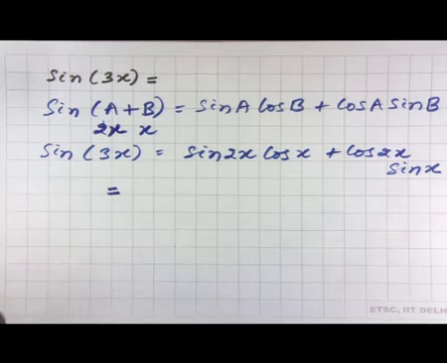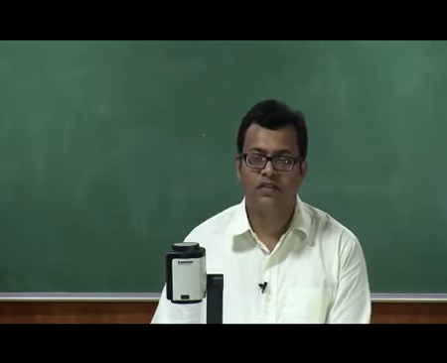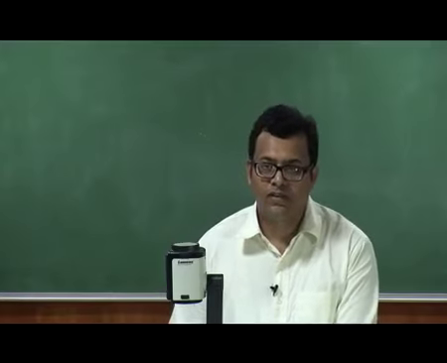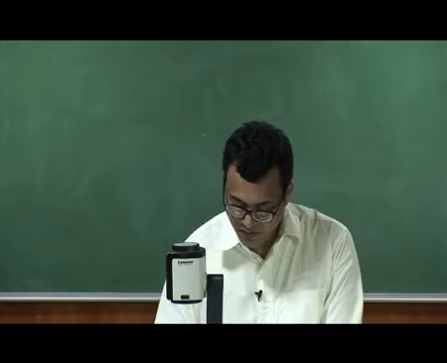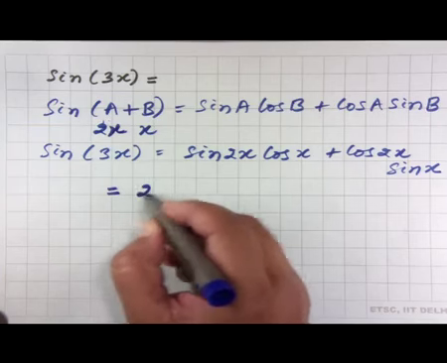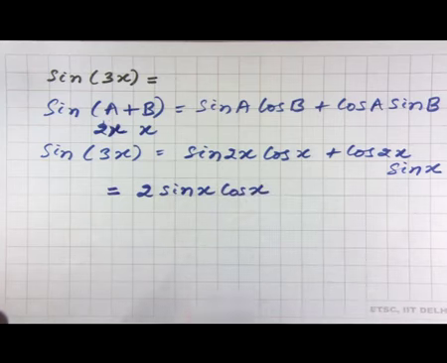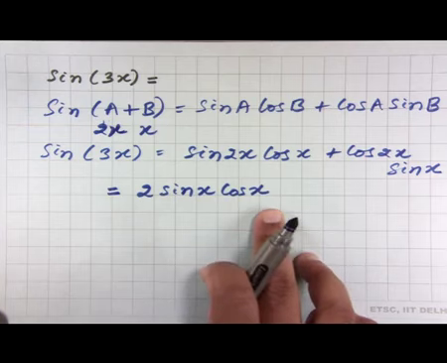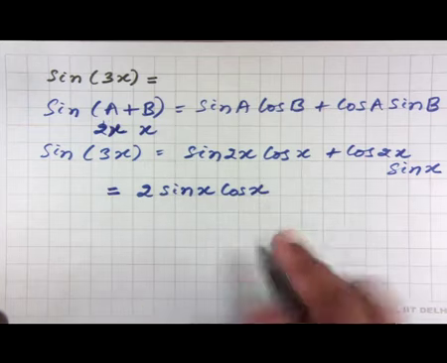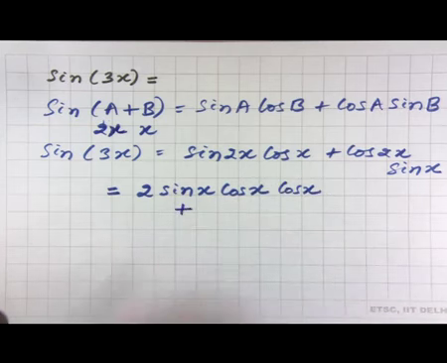We know that sine of 2x is 2 sin x cos x, and cosine of 2x is 1 minus 2 sine square x. So, we are going to use these two expressions here. So, this is the expression for sine 2x. So, we are going to multiply that with cos x plus cos 2x, which is 1 minus 2 sine square x.